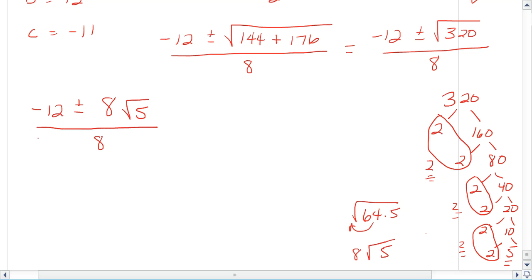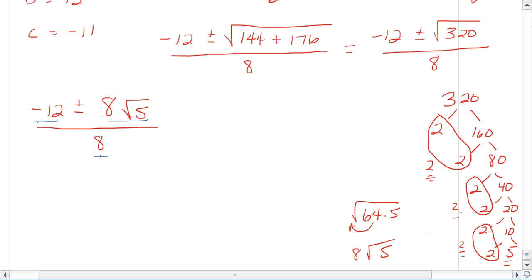Now, this is where you will hear me scream at you, well, not scream, but insist quite loudly, that you have 3 terms here. This negative 12 is a term, this 8 square root 5 is a term, and this 8 is a term. You can only reduce all of them, or you can't reduce them at all. So this is what I call an all or nothing. This 12, 8, and 8, they all share a 4 in common.